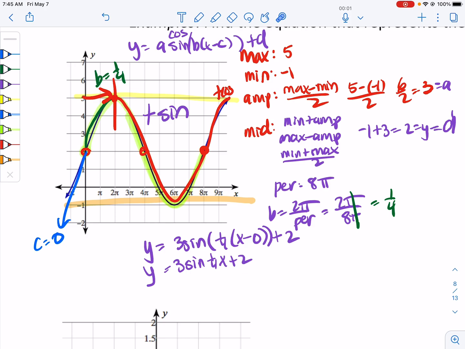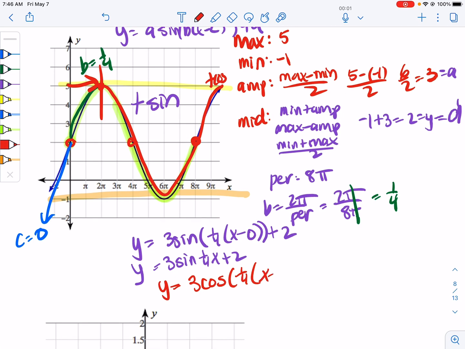But the amplitude, the midline, and the B value will remain the same regardless of how you're writing your equation. So if I were to write an equation for the red one, we would have y equals a positive cosine, the amplitude is still 3, the B value is still 1/4, but this time I've shifted right by 2 pi. So we're at positive 2 pi, so to the equation we change the sign, so x minus 2 pi, and then plus the midline, which is 2.